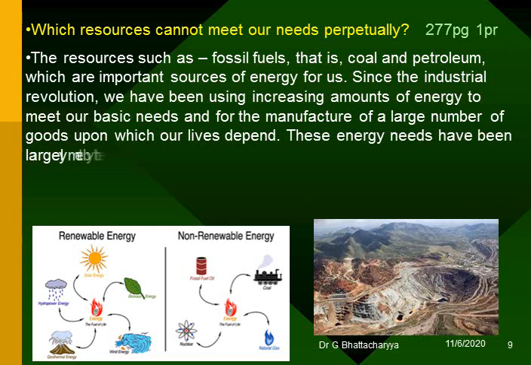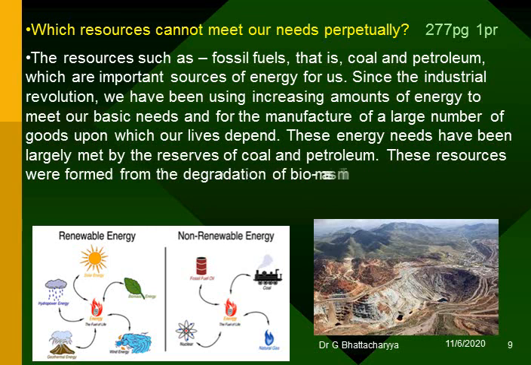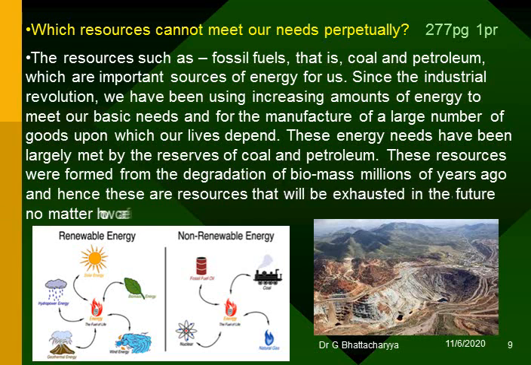These energy needs have been largely met by the resources of coal and petroleum. These resources were formed from the degradation of biomass millions of years ago, and hence these are resources that will be exhausted in the future no matter how carefully we use them.